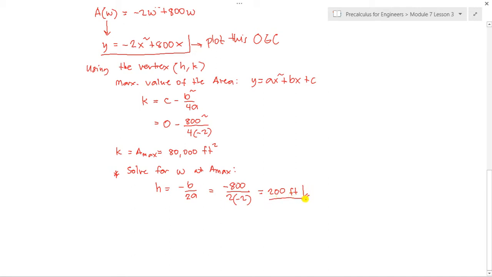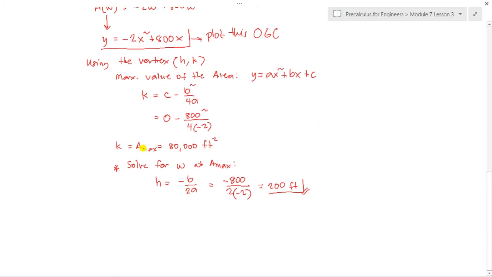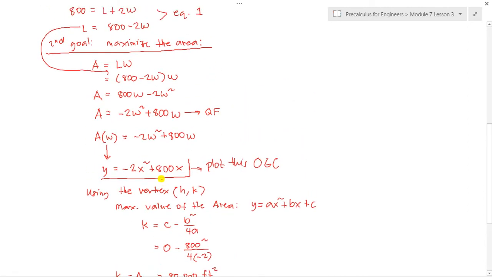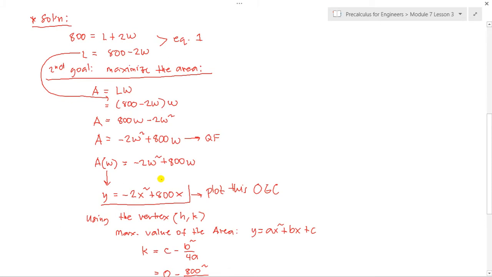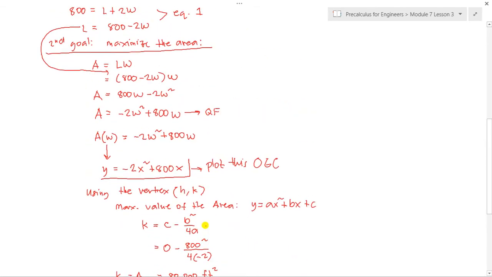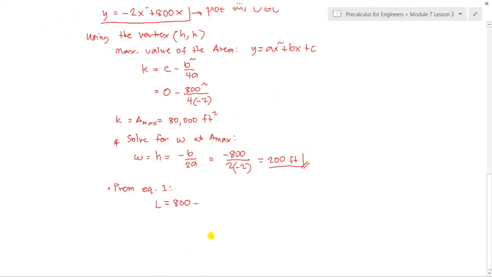So what we are looking for is the length. So how can we solve for length? Since we already have W, then we can solve the length from equation 1, right? From equation 1, the length is defined as the difference of 800 and twice the width.